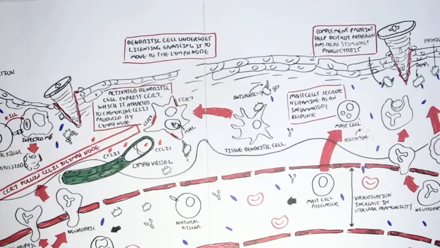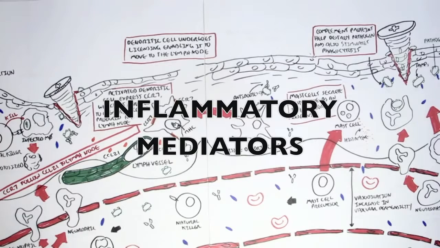In this video, we mainly looked at the adaptive immune response with the T cells and the B cells traveling to the site of infiltration to promote the immune response. Now let's just take a step back and look at the innate immune response, because there is an important group of proteins known as inflammatory mediators.